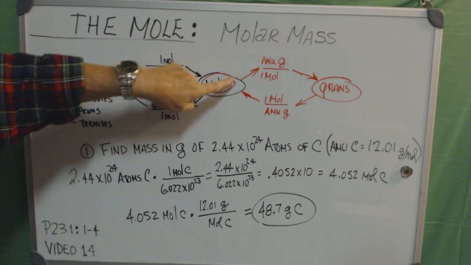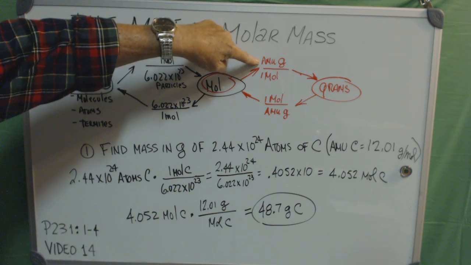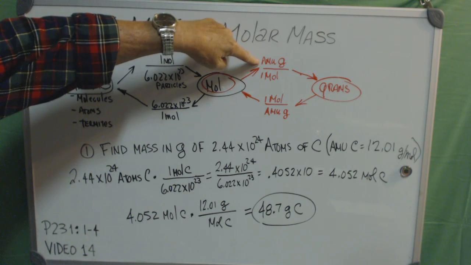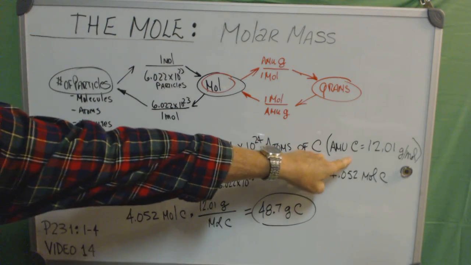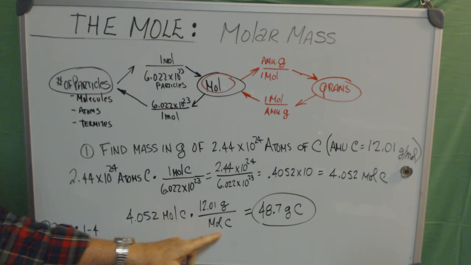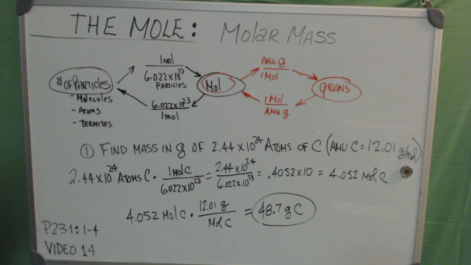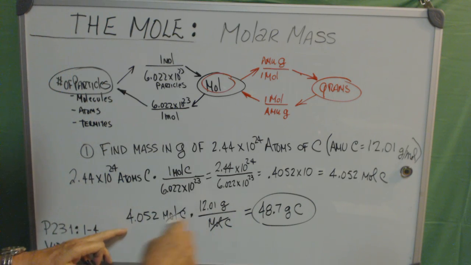And I see that I'm going to go this direction, so I need the atomic mass units of carbon in grams for each mole. And that's what they gave me over here in this parentheses. They gave me that information, so now I just take that, plug it in here. I get 12.01 grams per mole of carbon, and I can cancel the mole of carbon, and I end up with a multiplication problem now.